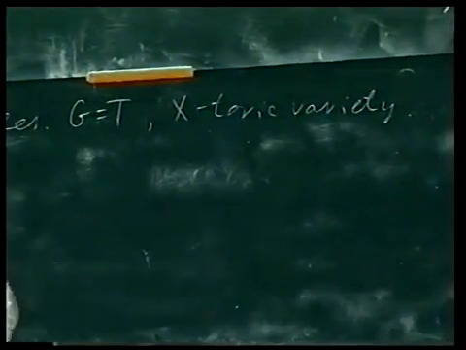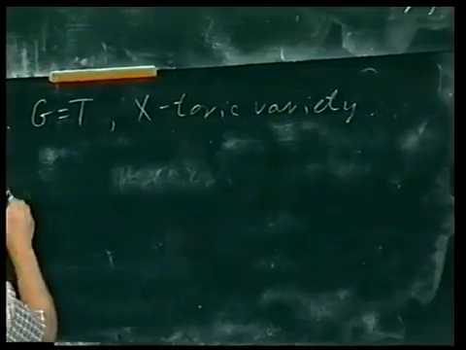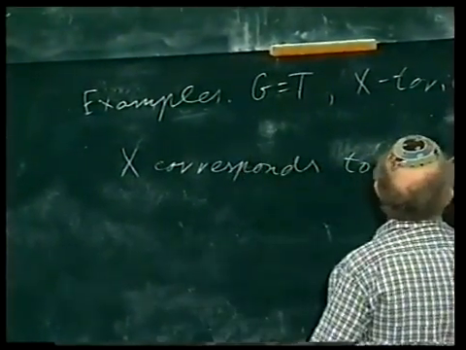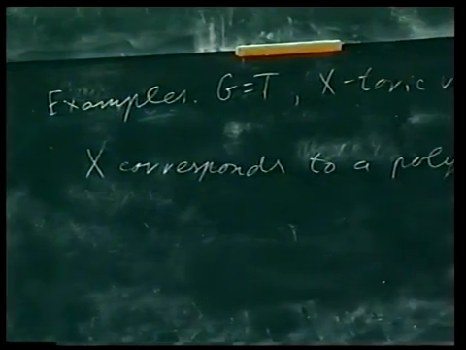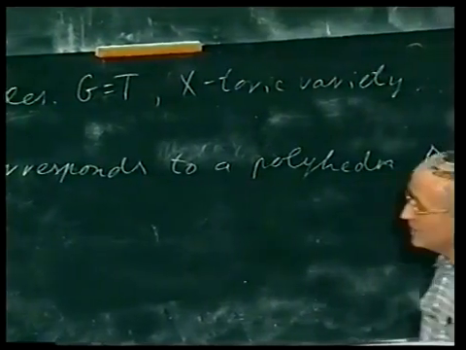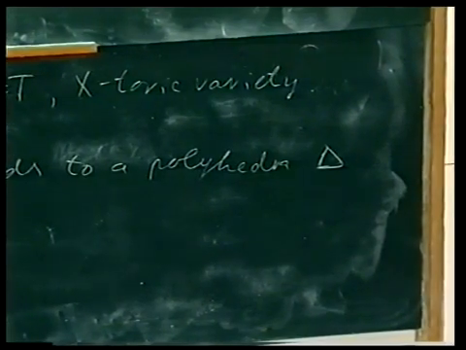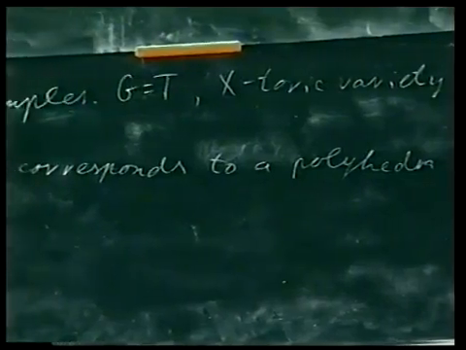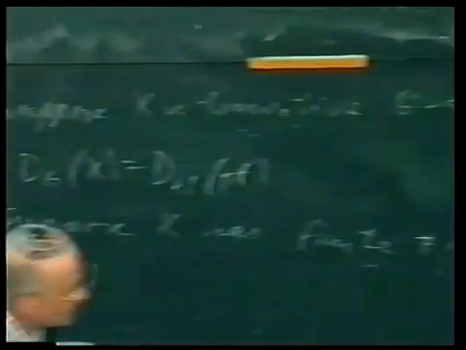So, for instance, X corresponds to some polyhedron delta with integral vertices. And then the orbits of G correspond to faces of this polyhedron.